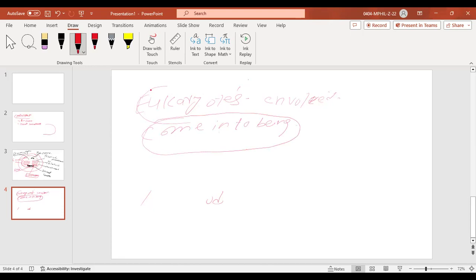So they thought that the eukaryotic cell is actually formed. Let me give you a statement of this theory, because we were discussing the endosymbiotic theory. You need to just focus on this term as well: symbiont.